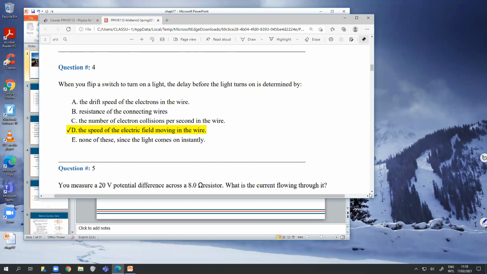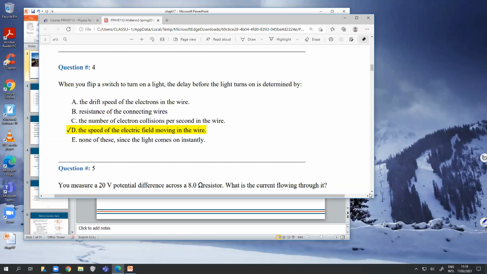If you think the electron that is coming out of the negative terminal of the battery has to take the whole journey through the resistance of the bulb filament and come back to the positive terminal of the battery, complete that round journey.